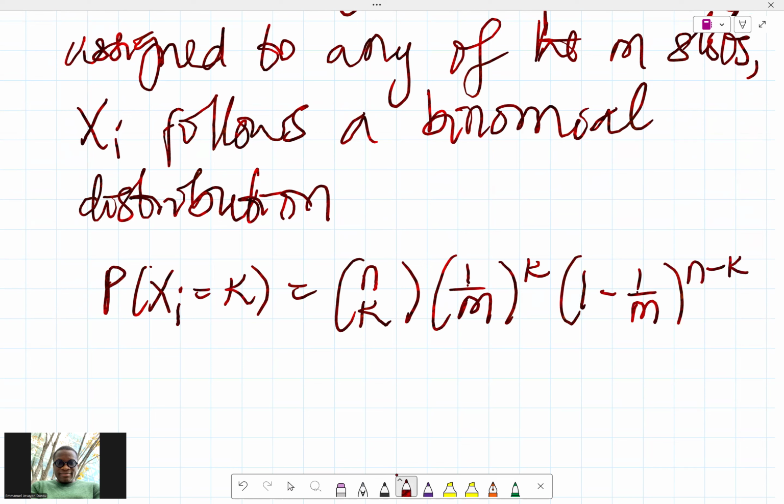This is basically the binomial expansion.